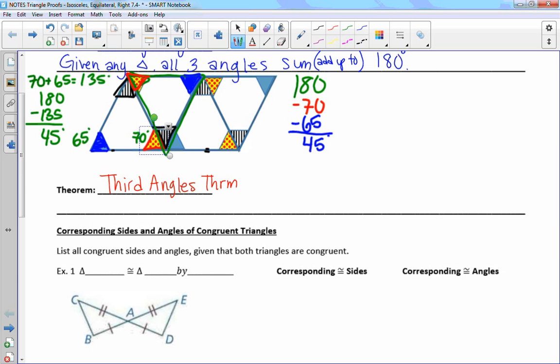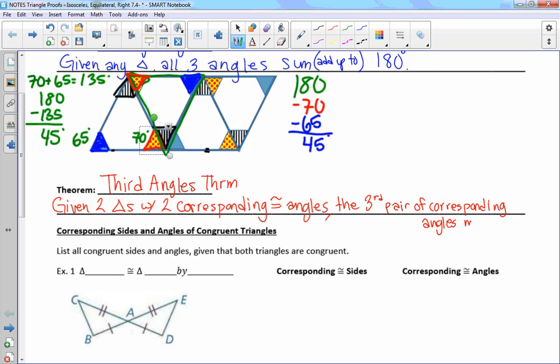Okay, again, it comes from: given two triangles with two corresponding congruent angles, the third pair of corresponding angles must be congruent.